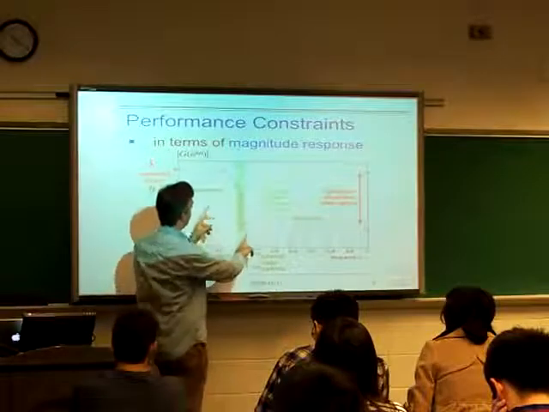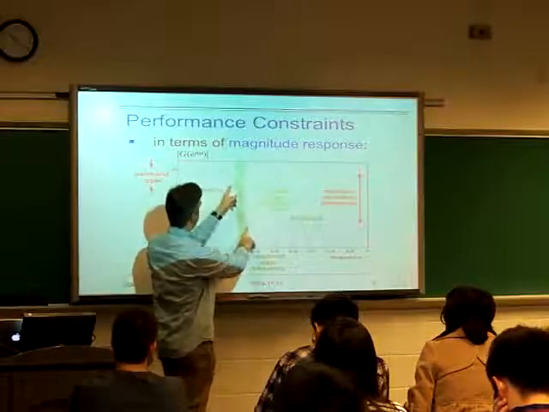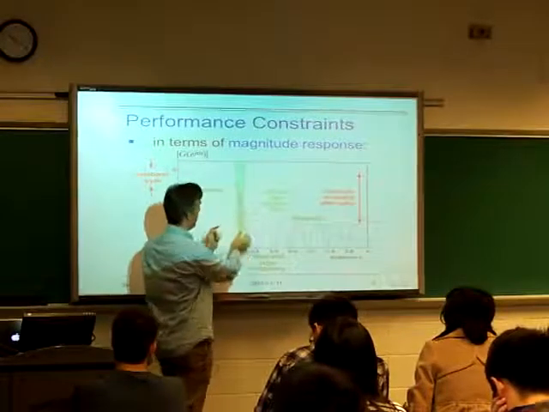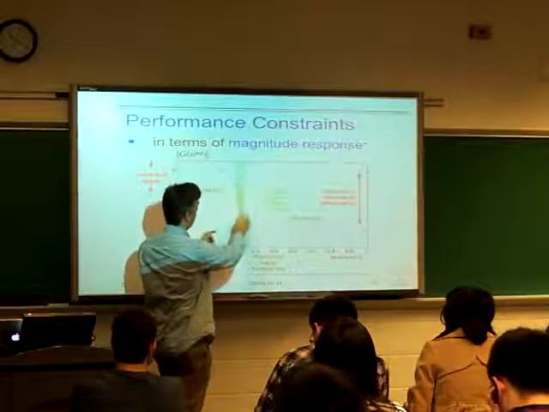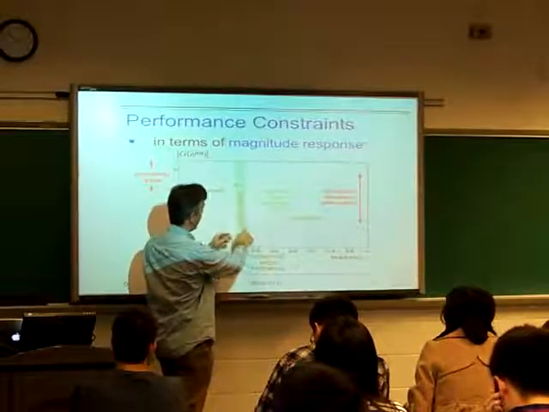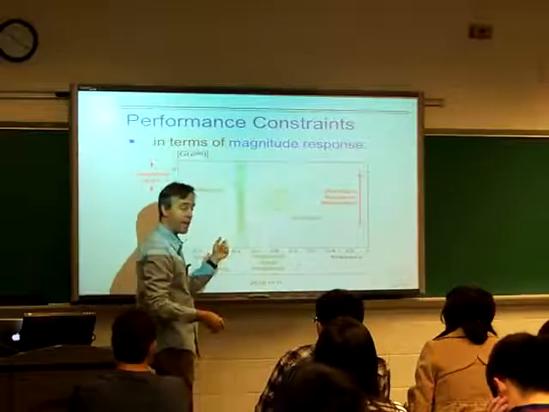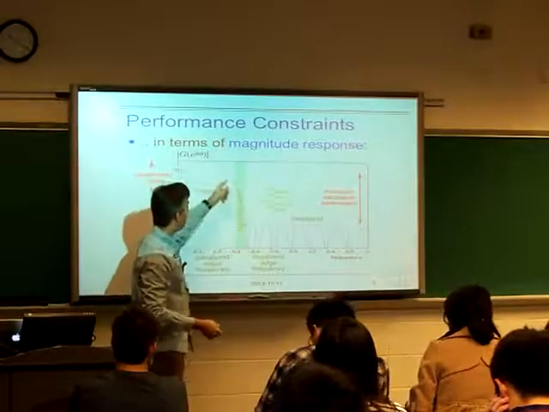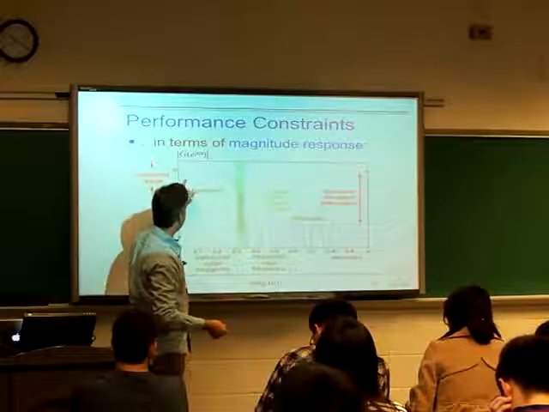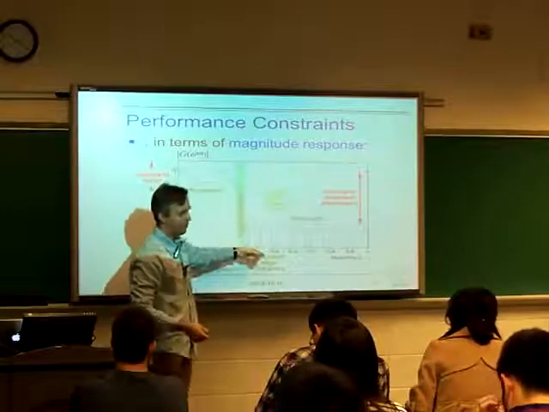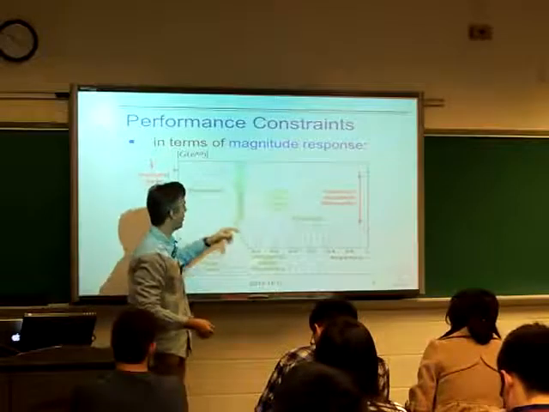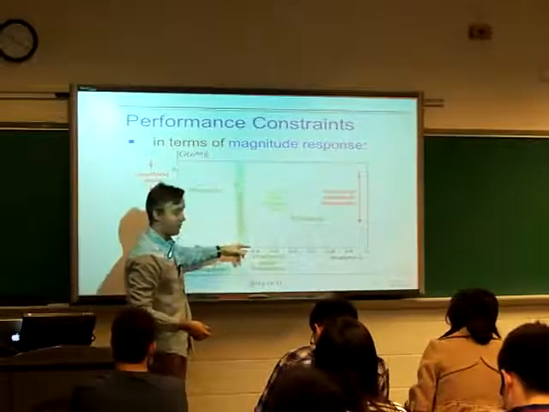And then, rather than saying that the edge of the pass band is the edge of the stop band, we'll recognize that there may be some region of frequencies where we need to do a transition between pass band and stop band, which is pretty obvious if you look at this curve here, which is the actual DTFT of an actual system. It's more or less a continuous function, right?